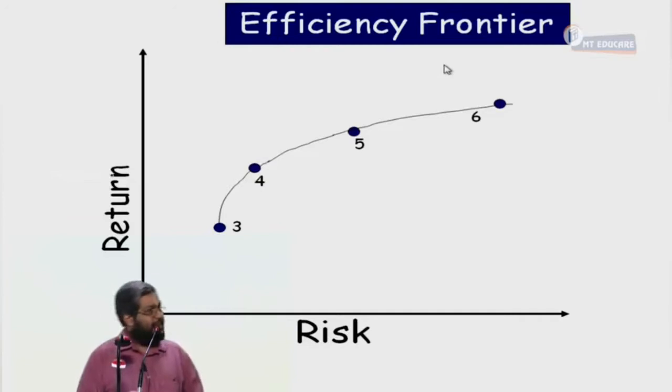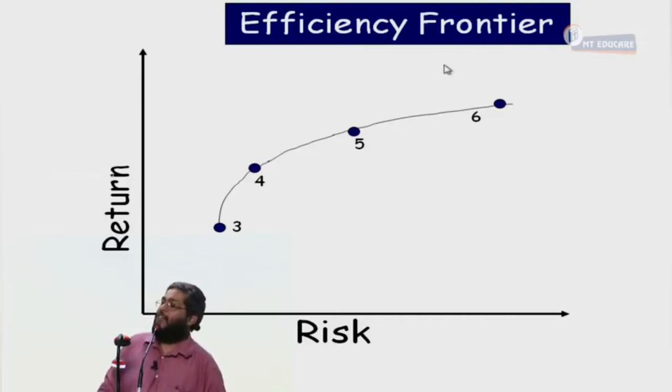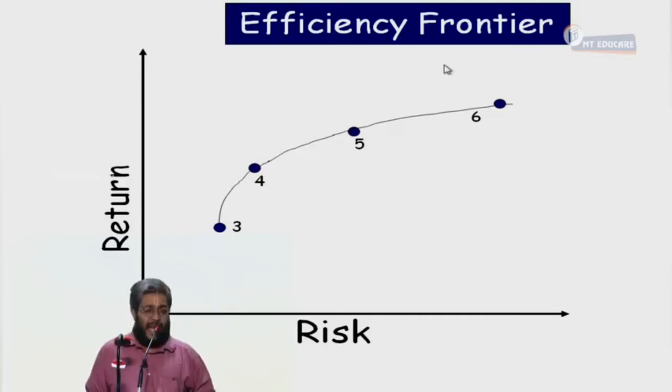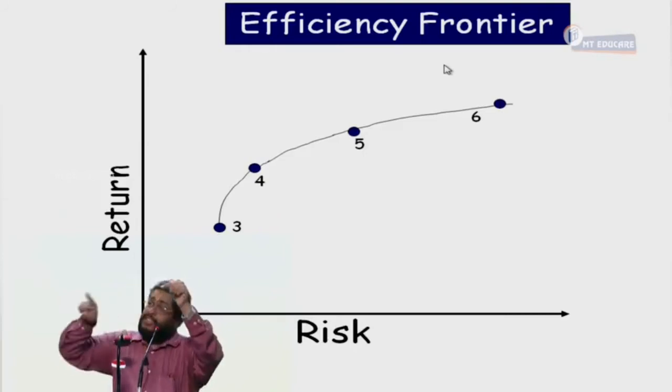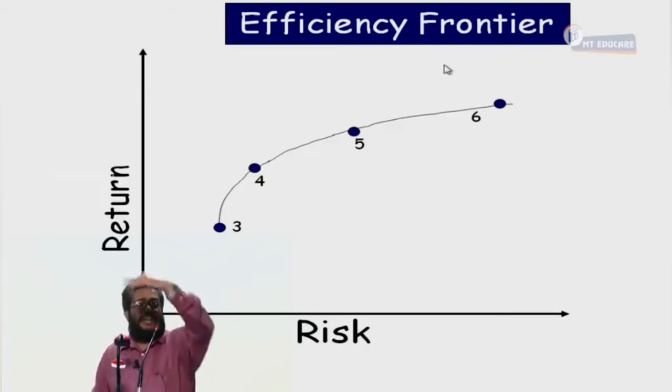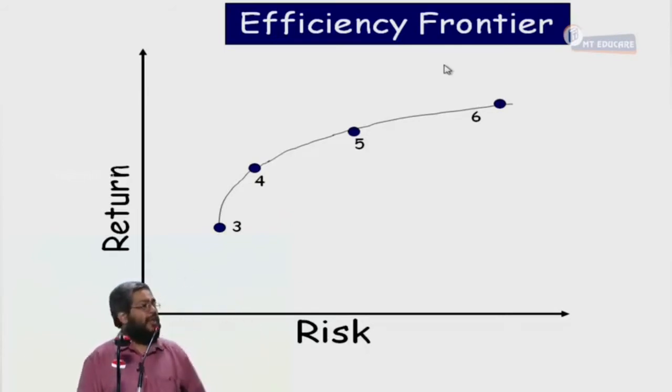The boundary has to be changed. So, there can never be any share which lies above the efficiency frontier in the stock market. If such a share exists, this is not your efficiency frontier. The frontier shall be redrawn to include that particular share. Everybody, are you following what I am saying? This is the concept called the efficiency frontier.